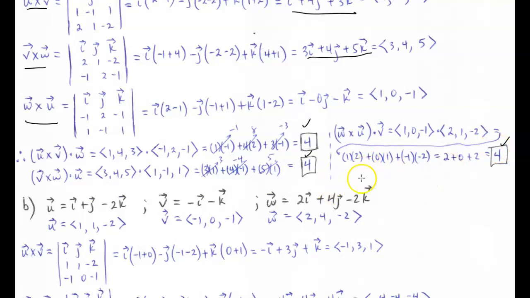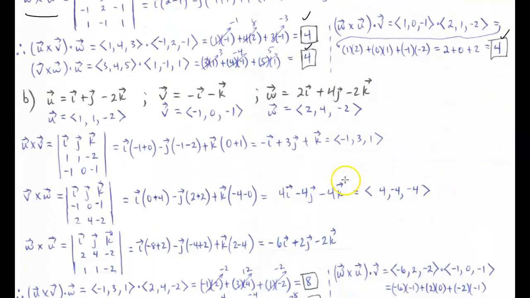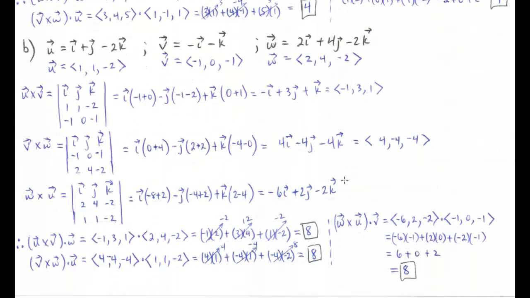Now for example B, it's kind of the same thing, just with different vectors that we're dealing with. And of course, we write u, v, and w in component form. We go ahead and do the cross product via the determinant way for u cross v, v cross w, and w cross u. And we see that we get these outcomes here.